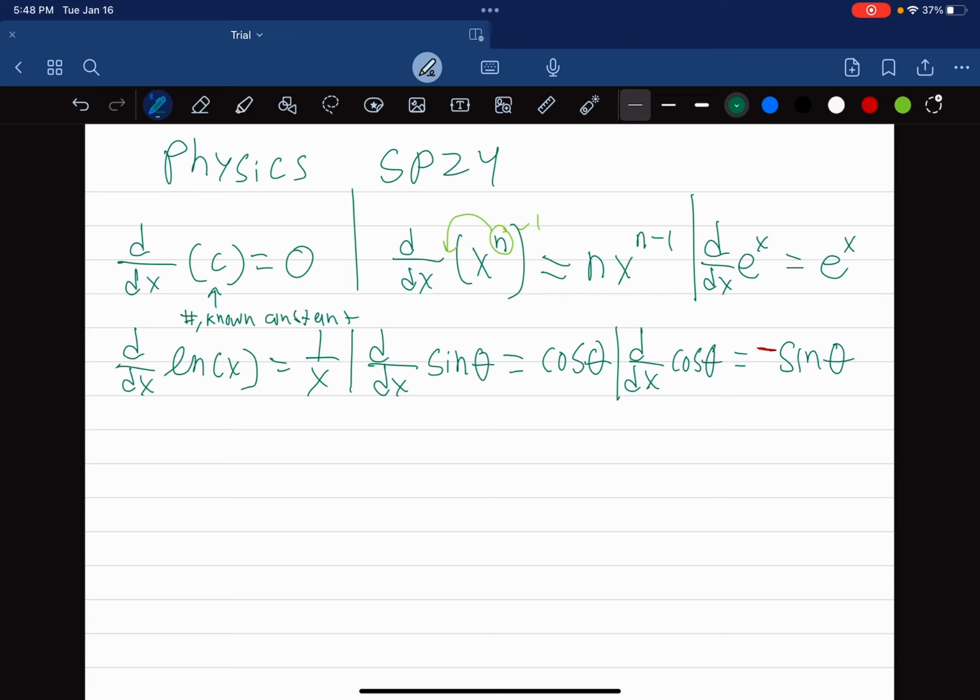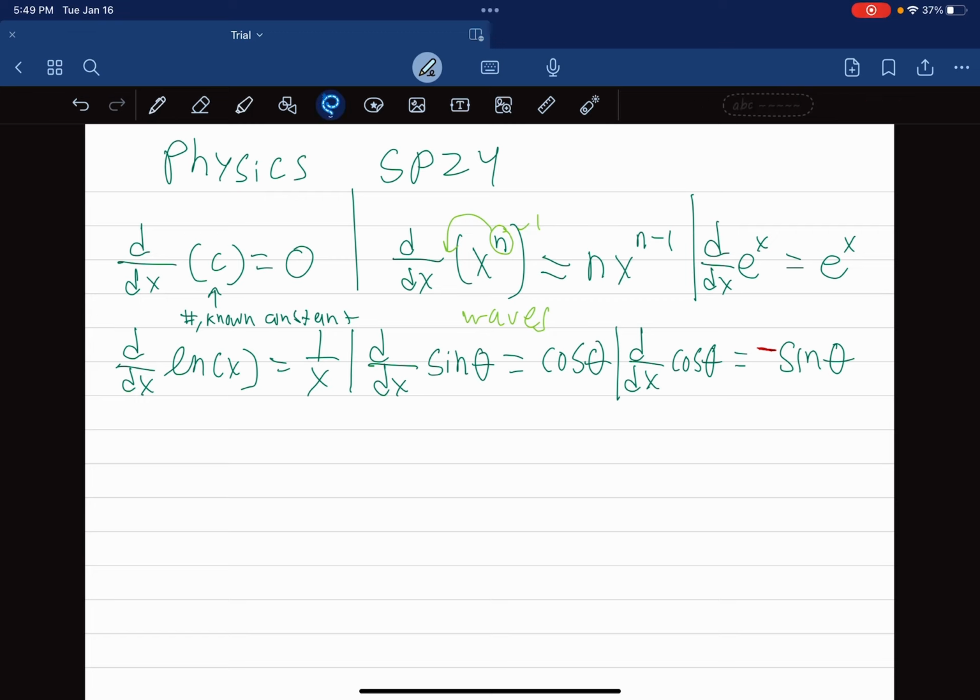This is going to be especially important when you're doing wave functions or oscillations, because you're going to go sine, cosine, negative sine. And I'm going to come back to that. Let me do a few more first.